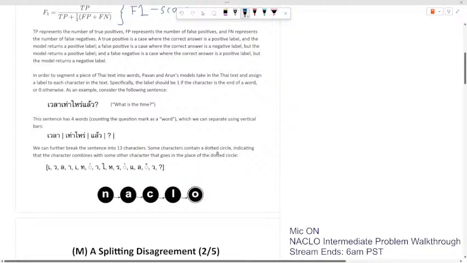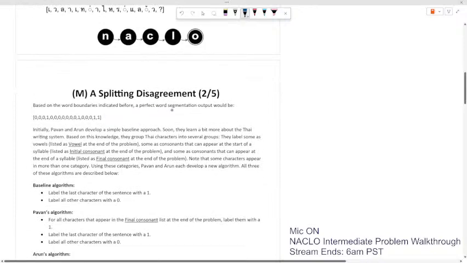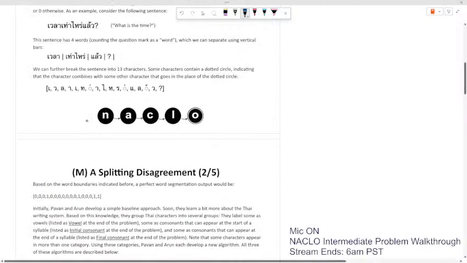Some characters contain a dotted circle, indicating that the character combines with some other character that goes in the place of the dotted circle. Based on the word boundaries indicated before, a perfect word segmentation output would be 0, 0, 1, 0, 0, wait. Oh, okay. Because, hold on, how does that work? How would that work?